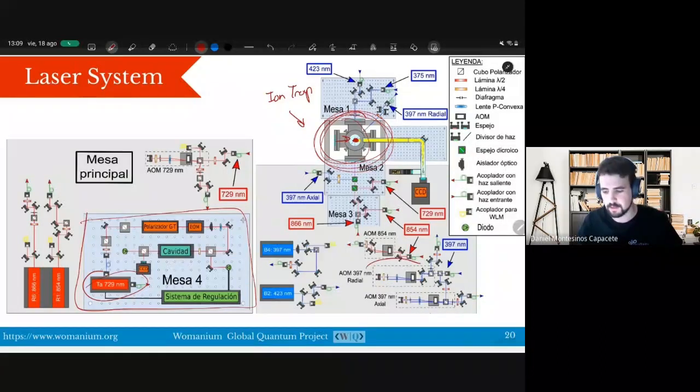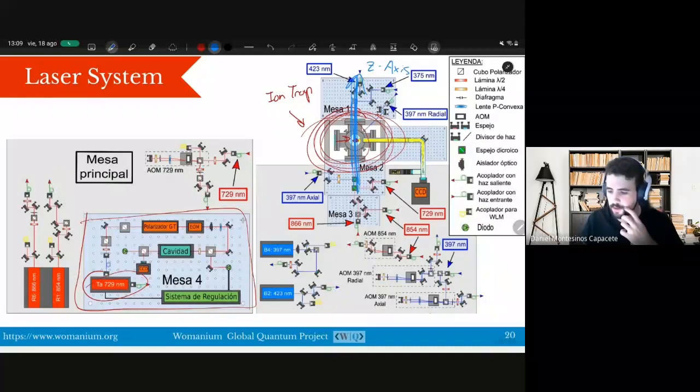This here is just in order to do that, and for sure, understanding what is going on in here is something complicated. But the idea is that we have here our ion trap. We have lasers entering mainly in this direction here, because this is the set axis in our trap.